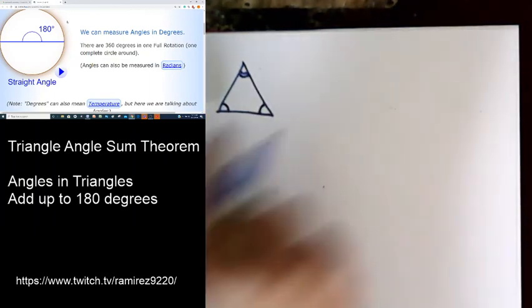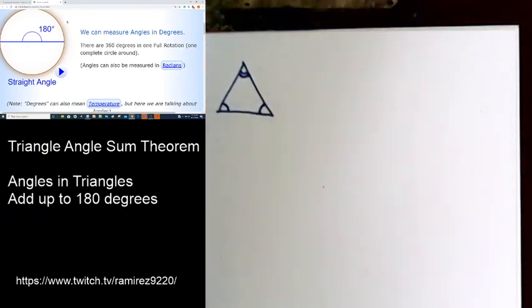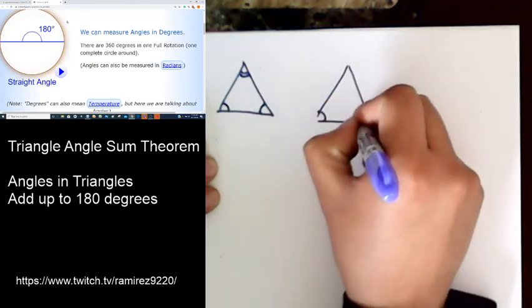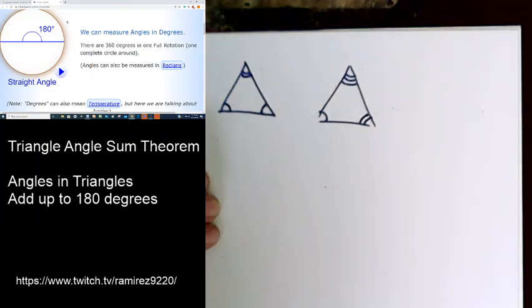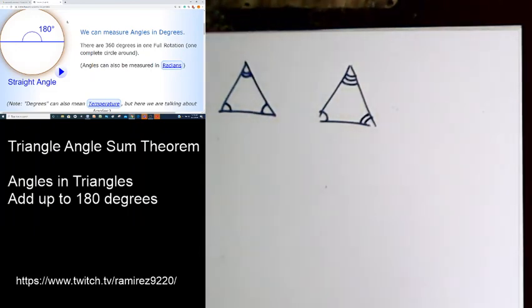All that means is that these two angles are the same and this one is different than these two. If you would have seen something like this, it just means that they're all different. Alright, just keep that in mind, and that's it. Again, the angles in a triangle add up to 180 degrees.